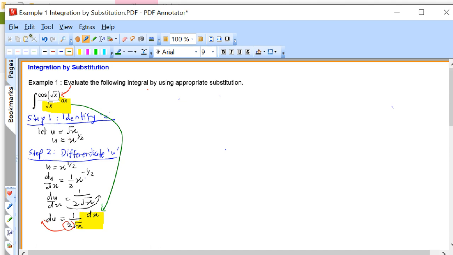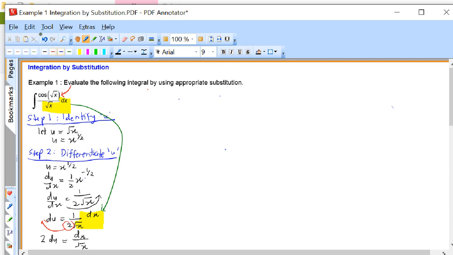So we have 2 du equals dx over square root of x. Once we have simplified, 2 du equals dx over square root of x.